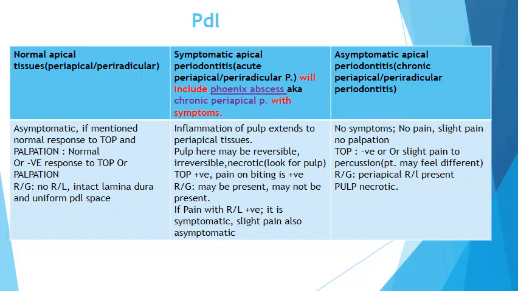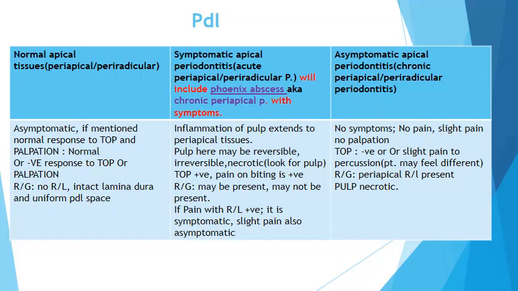Now when you do the percussion test, it will be positive. Biting test, it will be positive, pain will be present. And if we see the radiographs for these conditions, radiolucency may be present, may not be present. If pain with radiolucency positive, it is symptomatic. Slight pain, also asymptomatic.